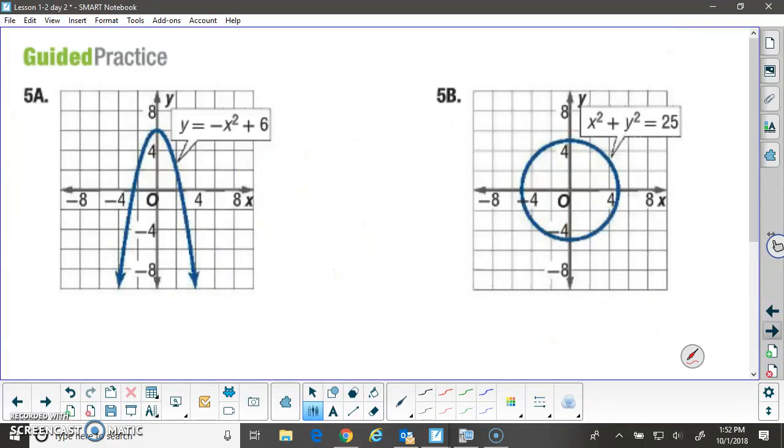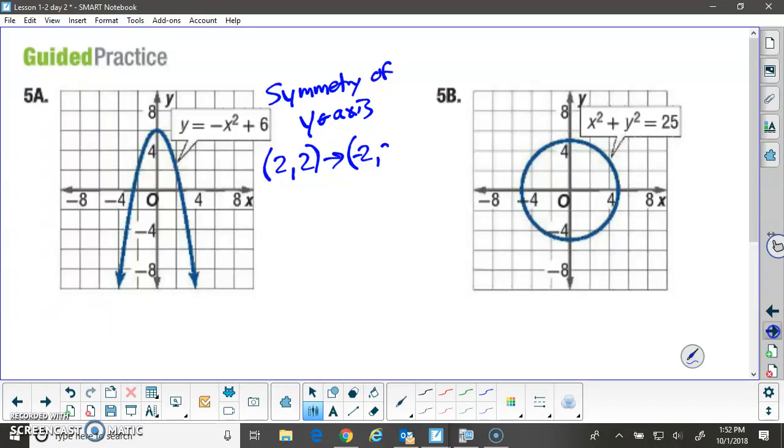A couple more examples. 5a, you can see that this has symmetry of the y-axis. So, find some coordinate points such as 2, 2. If it has 2, 2, it should also have the coordinate point -2, +2.